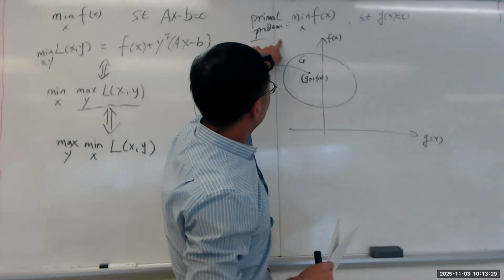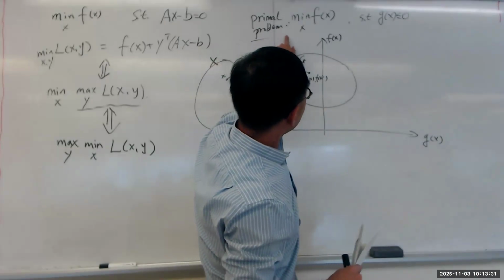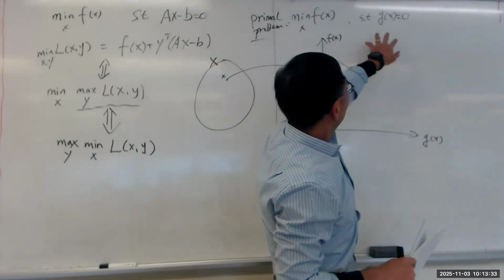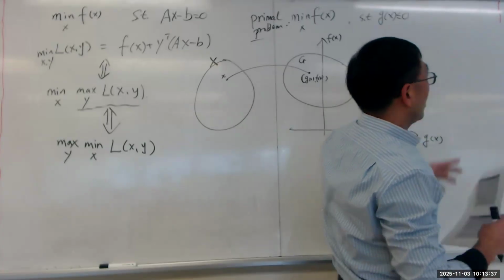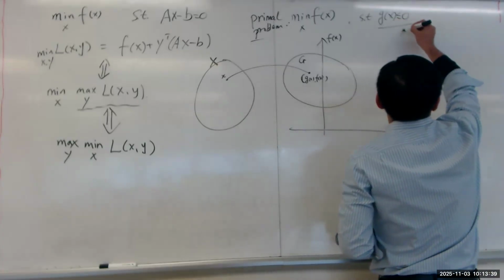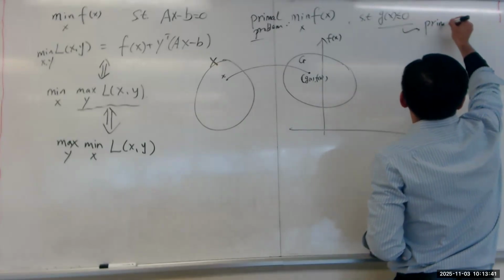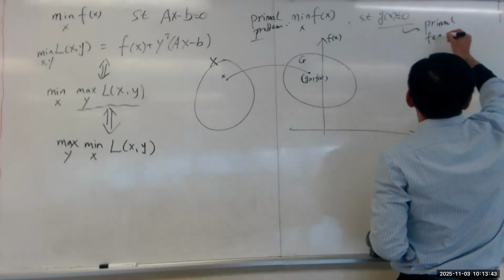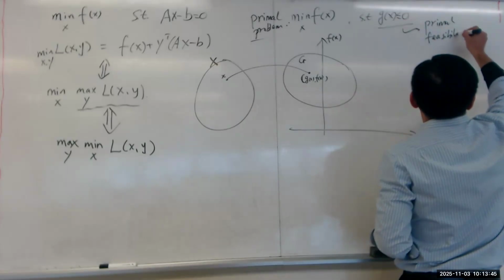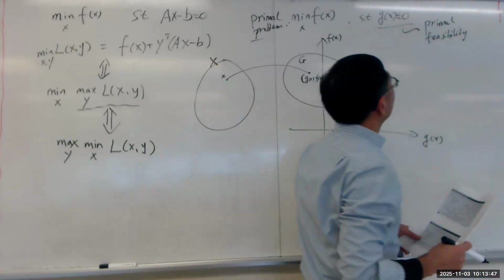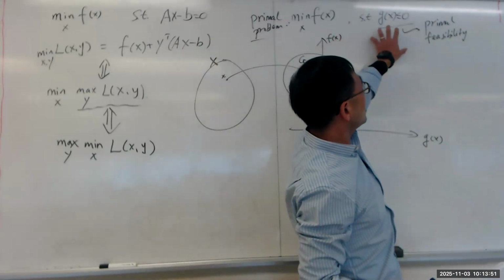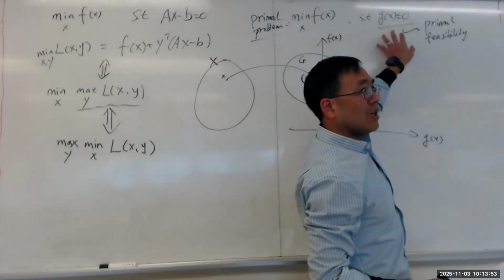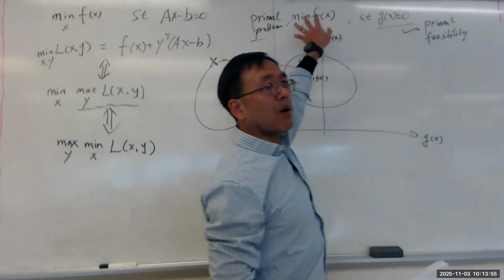I also want to talk about a few concepts here. This is a primal problem. And this we call our primal feasibility condition, because this defines the feasibility region for the primal problem, right?